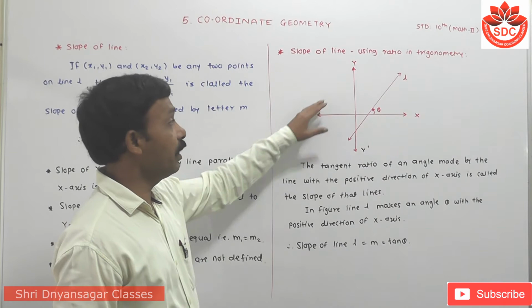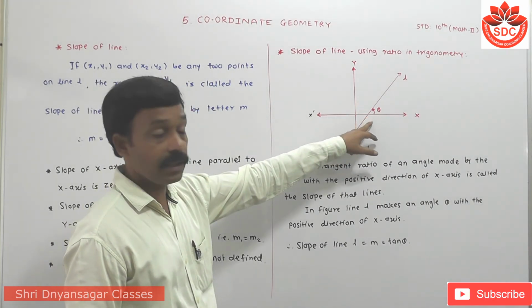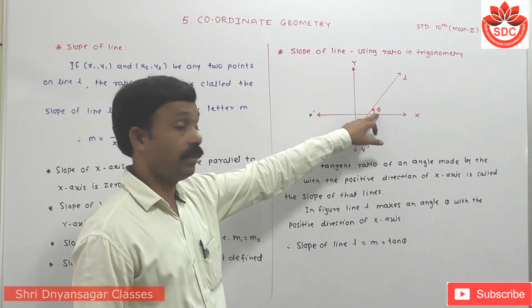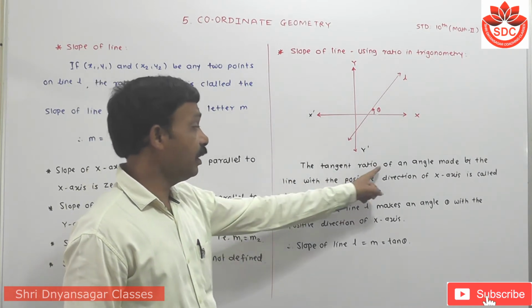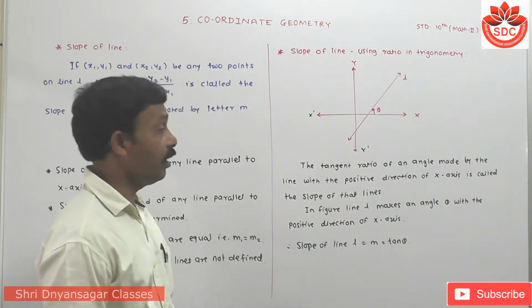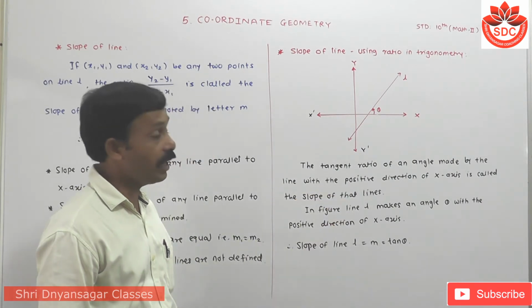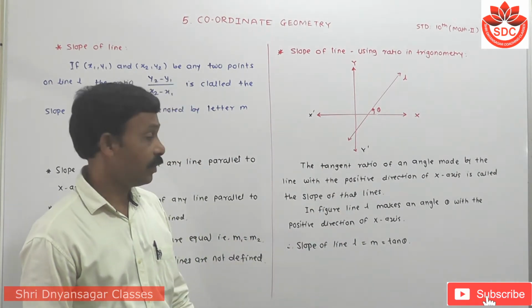Now look here, in the x-y plane, this line intersects the x-axis, and this angle theta is in the positive direction of the x-axis. Then the tangent ratio of the angle made by the line with the positive direction of the x-axis is called the slope of that line.